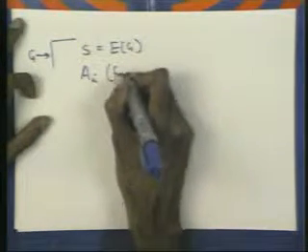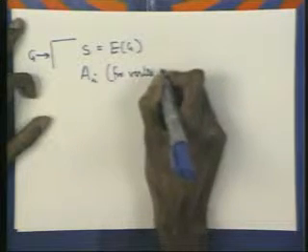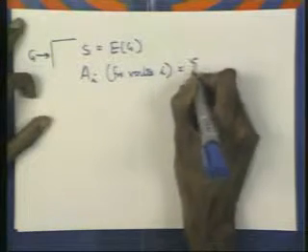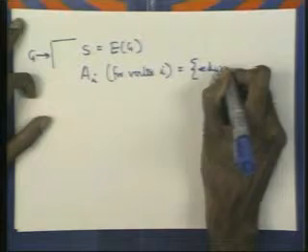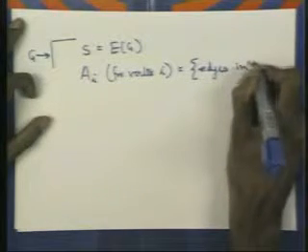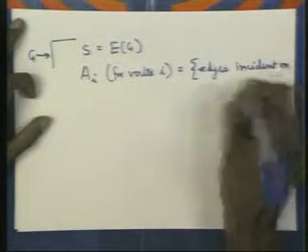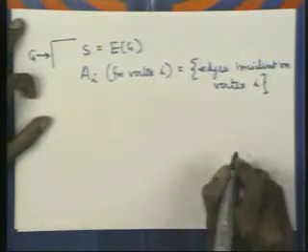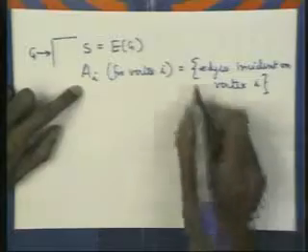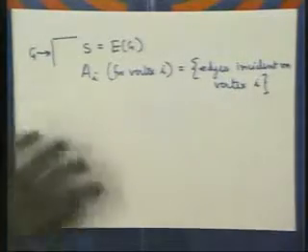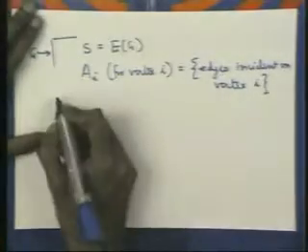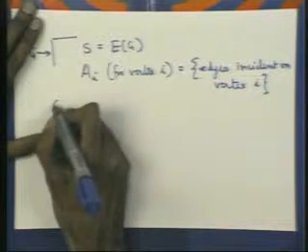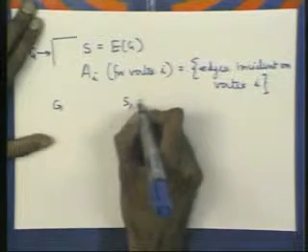For vertex i, this is nothing but the edges incident on vertex i. If I take Ai to be the edges incident on vertex i, now I have this correspondence. So I have the graph G here, and I have S and A1 through Am.